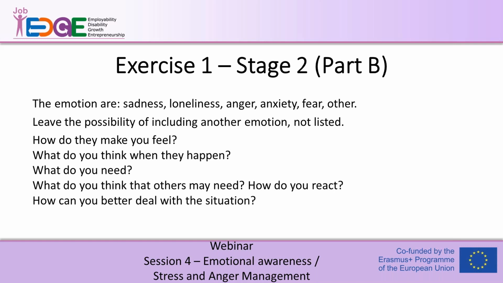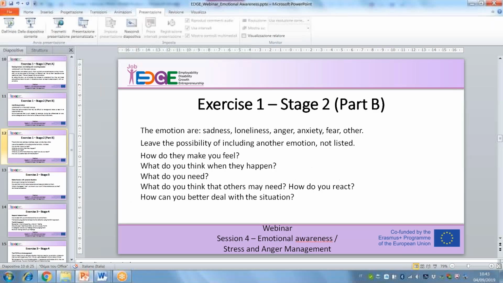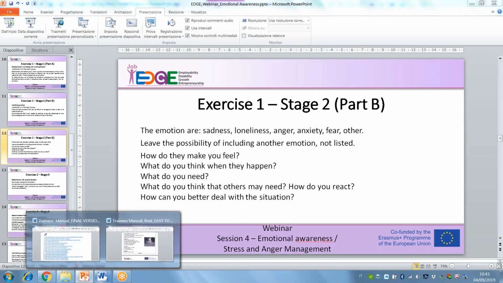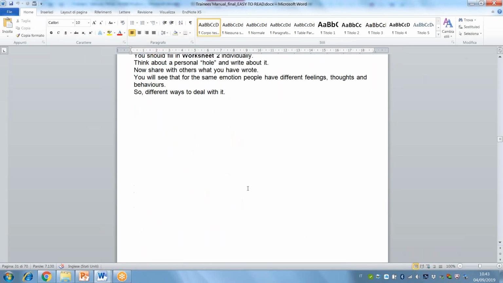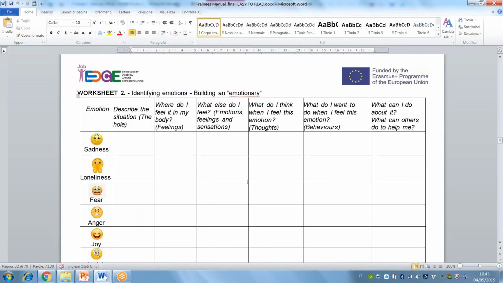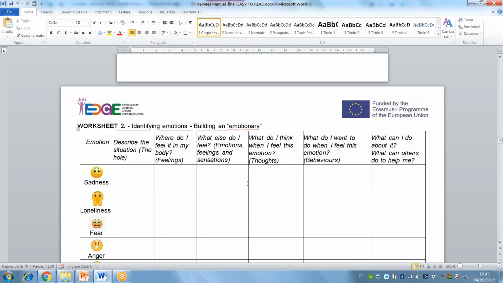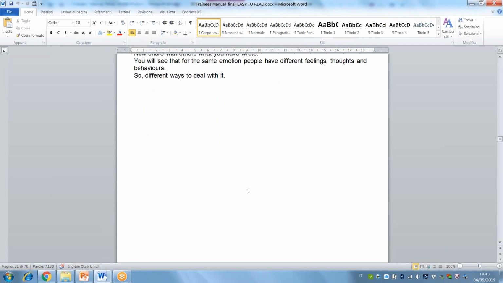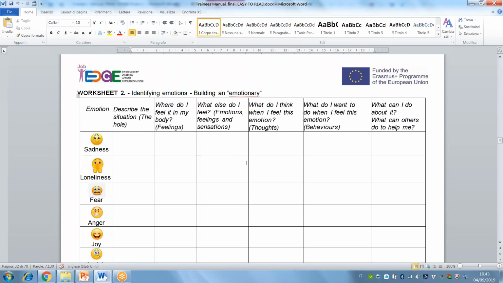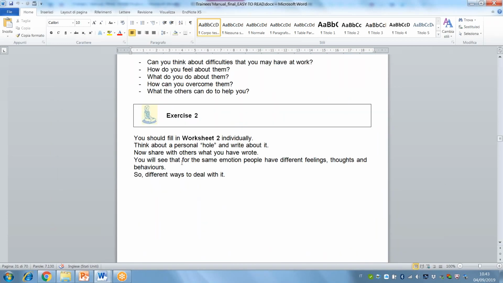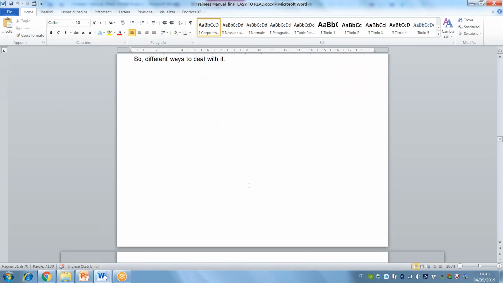Now I'm going to show you worksheet 2. This is worksheet 2. So participants are invited to fill every cell by answering these questions.